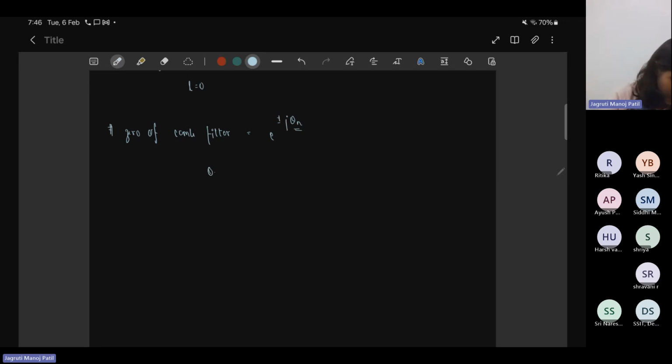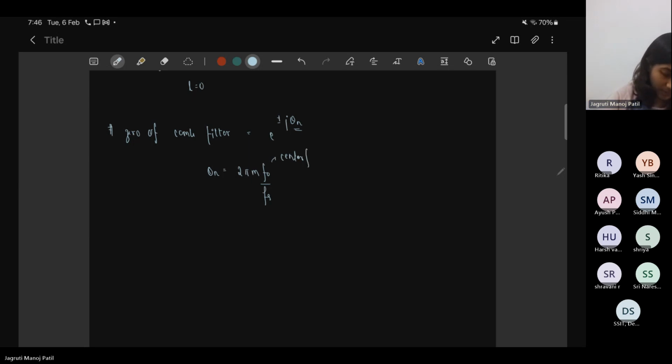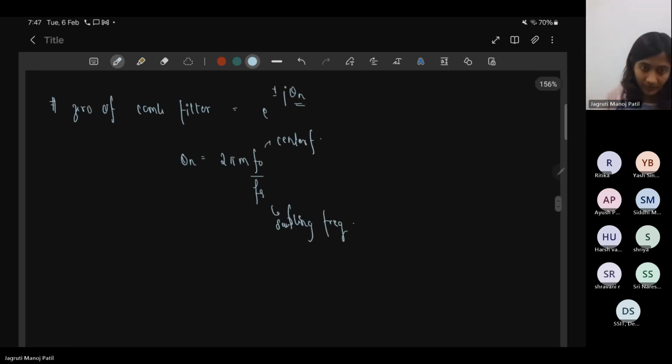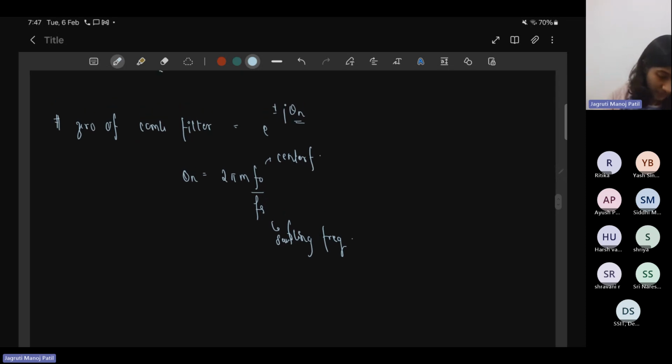This theta n, as we saw in the formula, is given by 2 pi m f naught by fs, where f naught is the center frequency and fs is the sampling frequency. So you have different values of f naught when it's derived at 50 hertz, 150 hertz, and 250 hertz, and the sampling frequency here is 500 hertz.